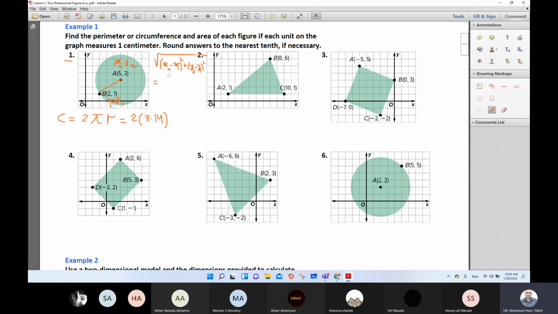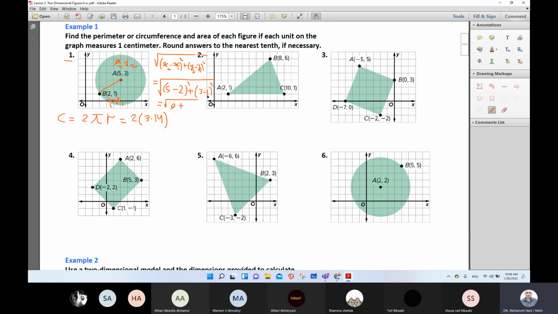So x2 means 5, under the square root, 5 minus x1 will be 2, squared, plus y2 means 3 minus y1 will be 1. 5 minus 2 will be 3. 3 squared means 9.